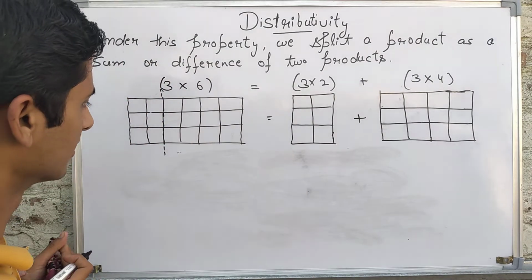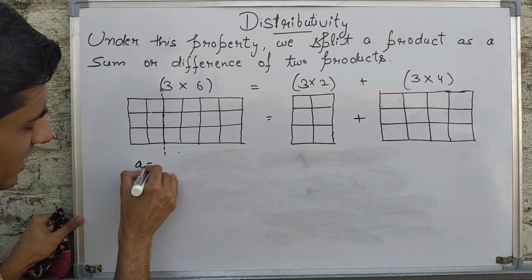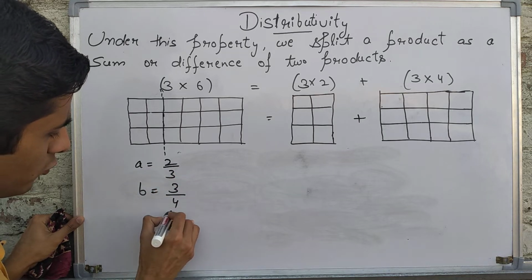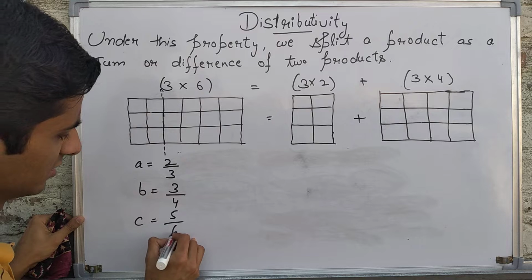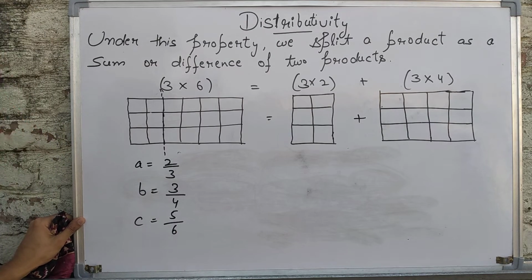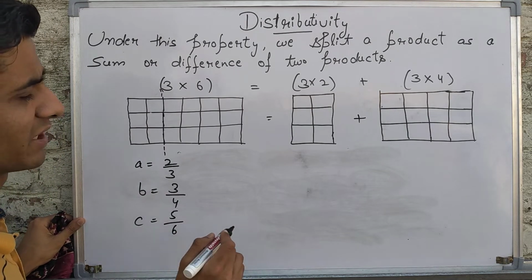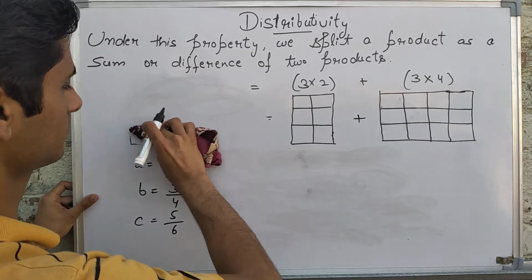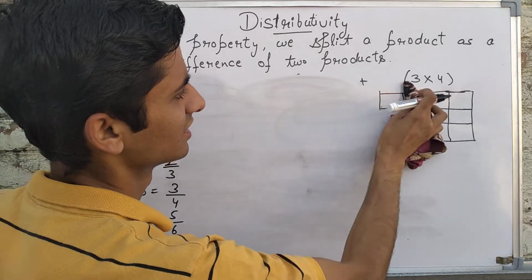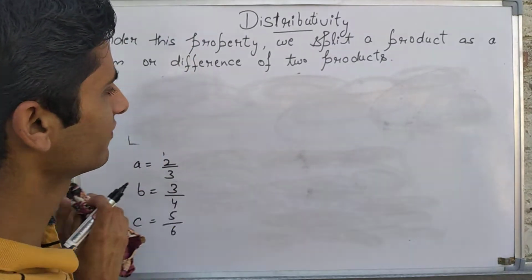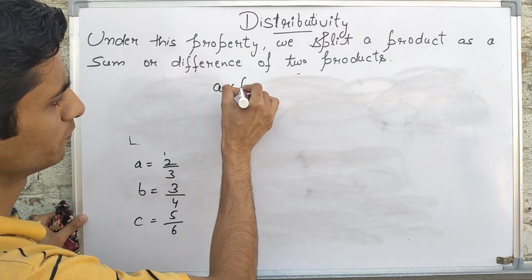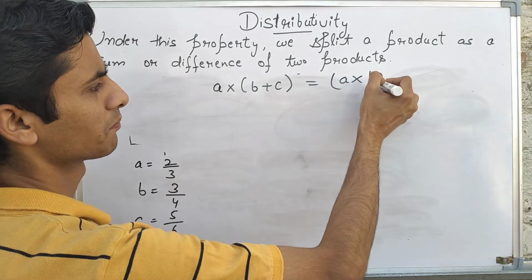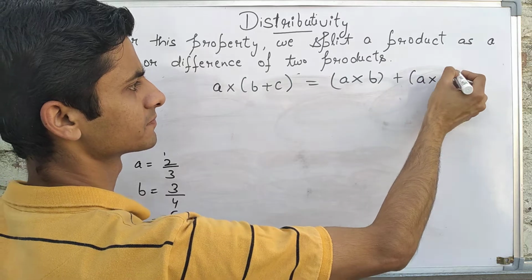Let us try to check it. So let us suppose a is the number 2 upon 3, b is the number 3 upon 4, and c is the number 5 upon 6. What the distributivity of multiplication over addition says: our expression that we have got is a into b plus c is equal to a into b plus a into c.